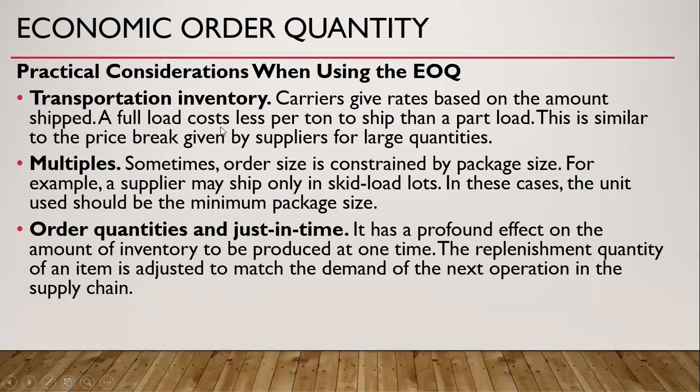A full load costs less per ton to ship than a part load. Then multiples. Sometimes order size is constrained by package size. For example, a supplier may ship only in skid load lots. In these cases, the unit used should be minimum package size, not an individual item.